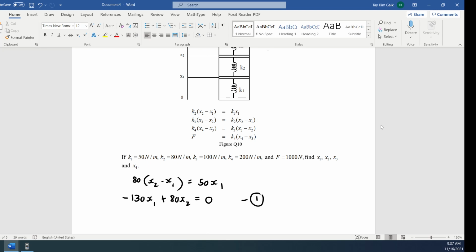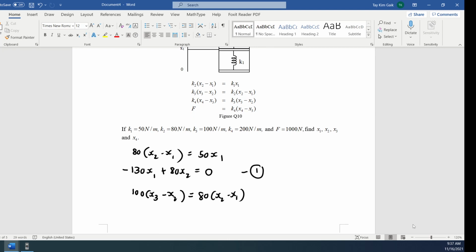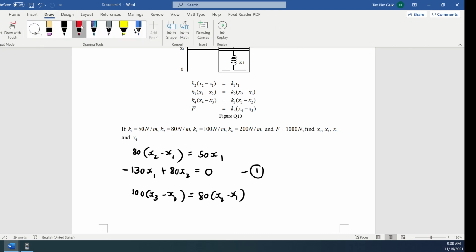Then plug in K3 equal to 100 into the second equation. So you have 100 times (x3 minus x2), and K2 is 80 times (x2 minus x1). Make sure you plug in the correct 100 and 80. Collect the same terms, bringing everything to the left side.